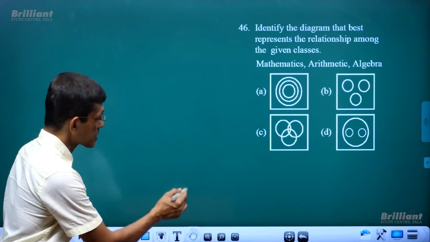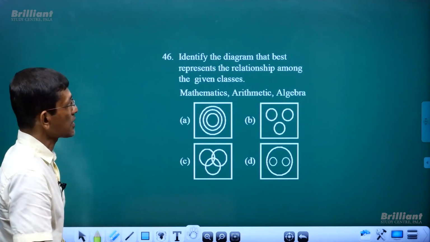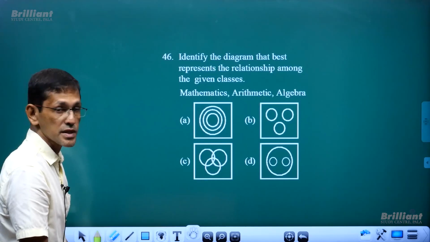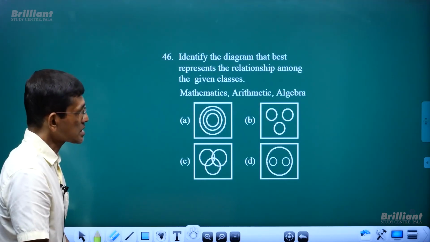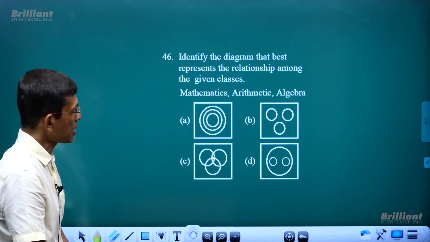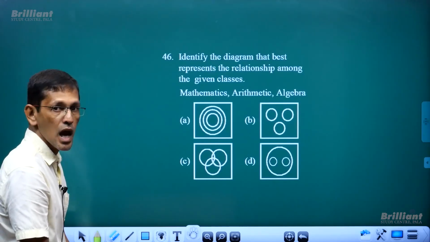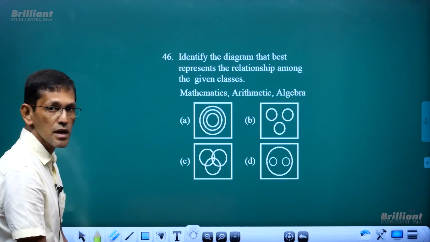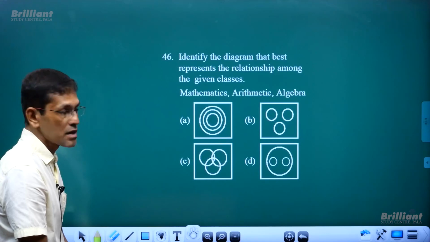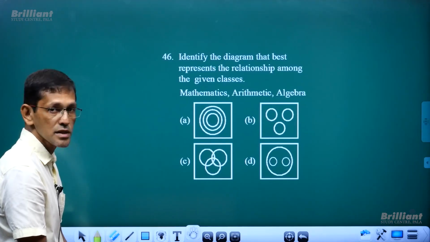Now number 46. Identify the diagram that best represents the relationship among the given classes. Mathematics, arithmetics, algebra. Well, arithmetics and algebra and mathematics, what is the connection?